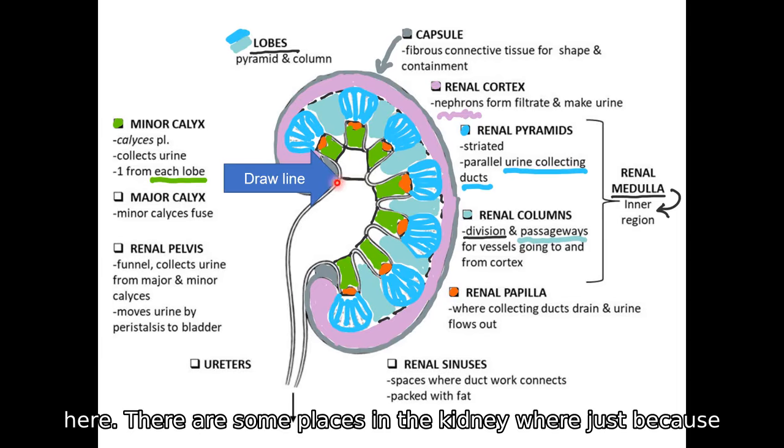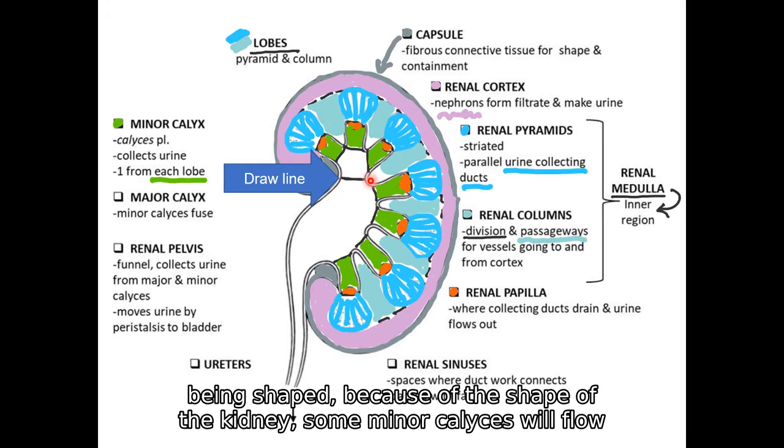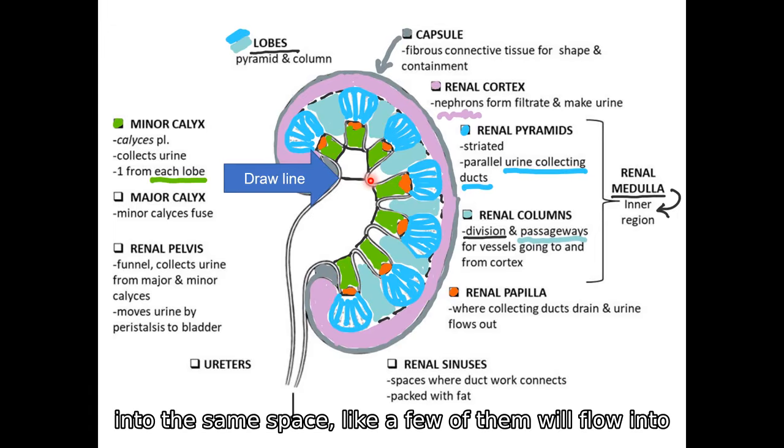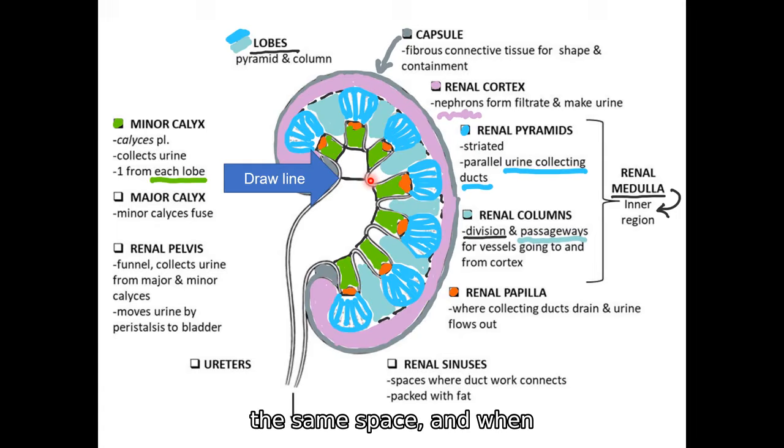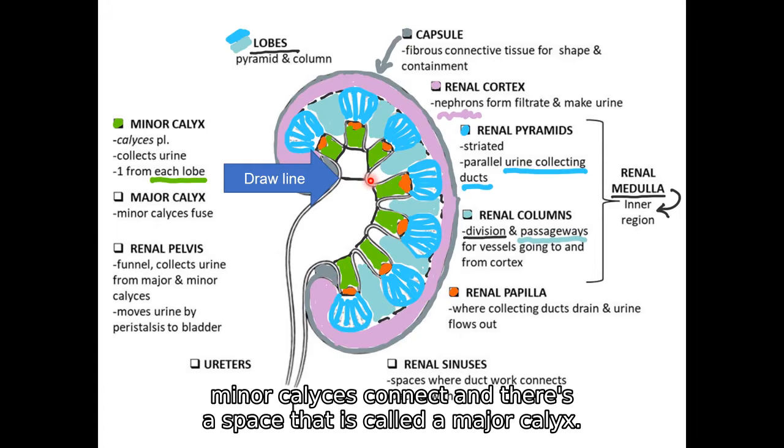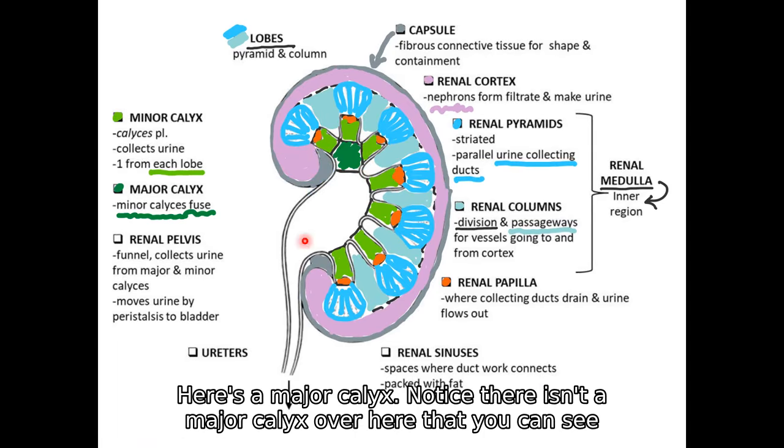So draw a line right here. There are some places in the kidney where, because of the shape, it's bean shaped, some minor calyces will flow into the same space. Like a few of them will flow into the same space. And when minor calyces connect and there's a space, that is called a major calyx. So here's a major calyx.